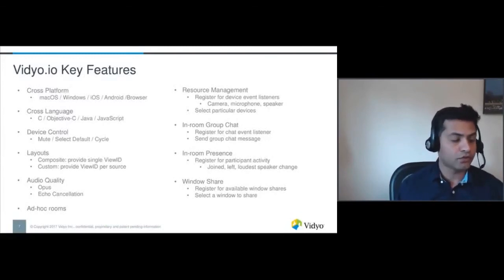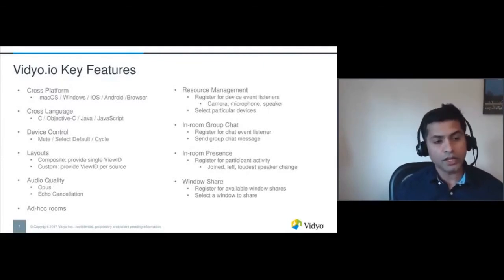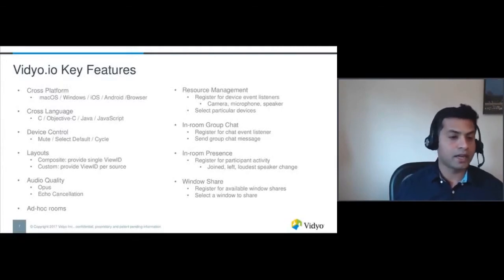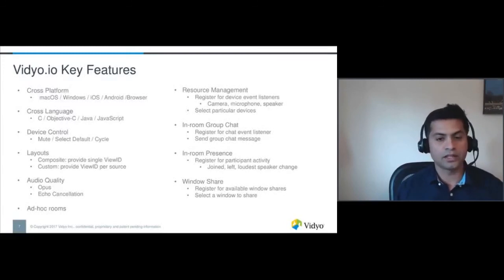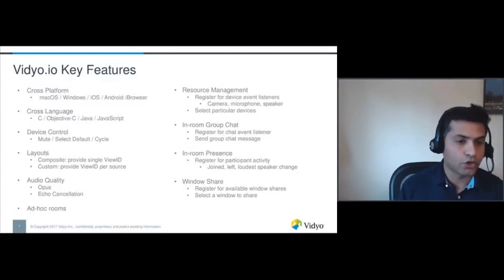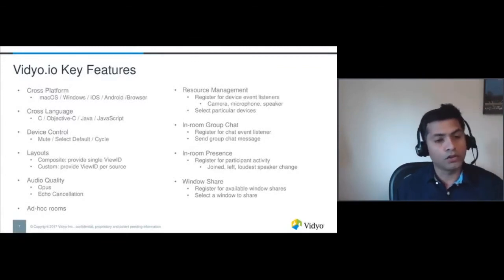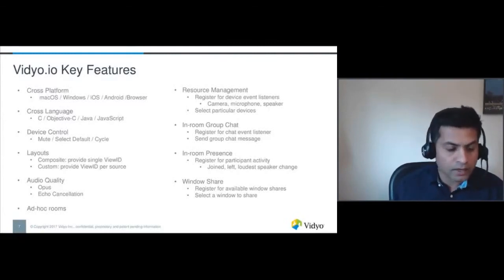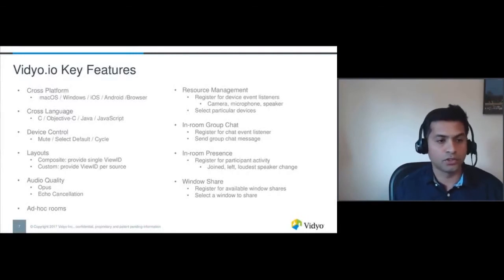So for example, if one of your clients is running on a high-end desktop machine with a great network connection and a great camera, they can probably render and send out 1080p. They can render a 1080p display. The CPU is powerful, and they can have multiple videos rendering at the same time. While your other client might be on a mobile phone where it's a smaller screen and the CPU resources are much less.